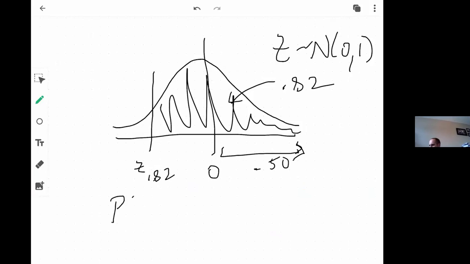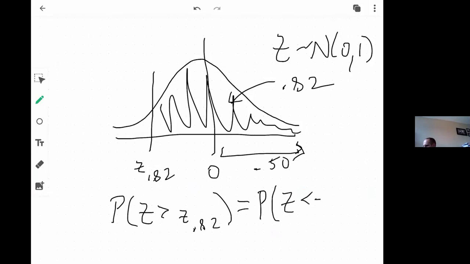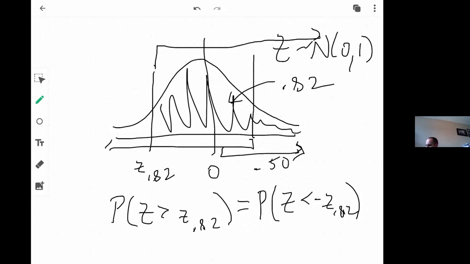So the probability that capital Z is bigger than z sub 0.82 is the same thing as the probability that Z is less than negative z sub 0.82, and the negative of that is up here. So instead of computing this guy all the way up, we go this guy all the way down.